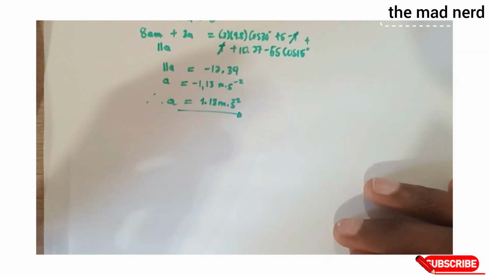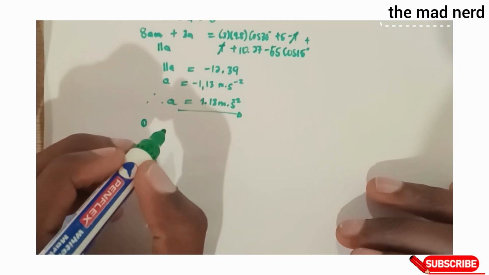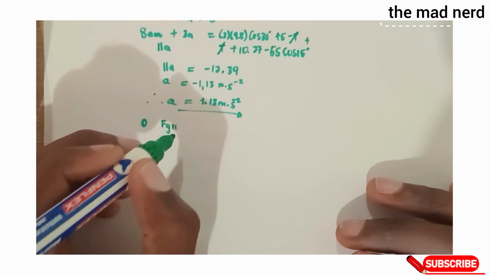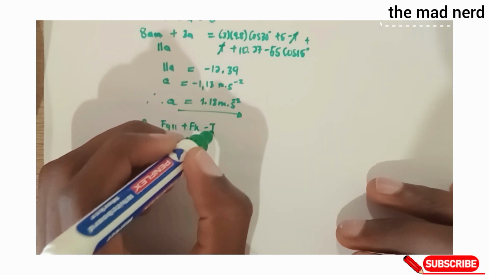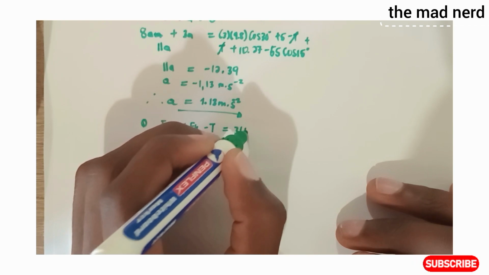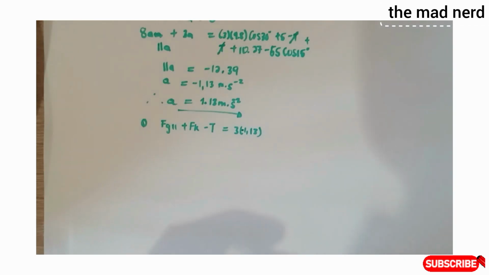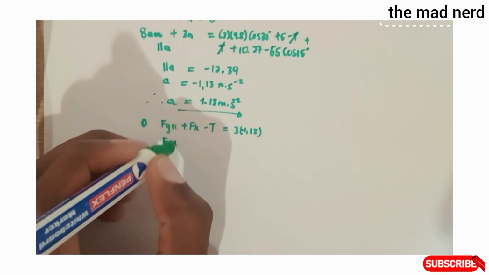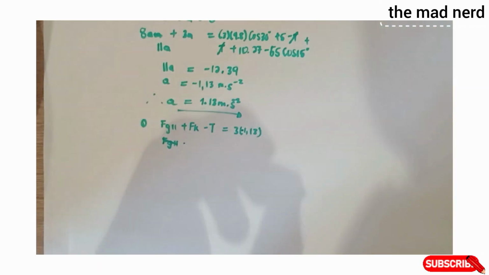So let's pick equation 1 and say FG parallel, plus FK, and negative T equals 3 into negative 1.13, because we took left as positive. Now we can punch the calculator and find the value of FG parallel.